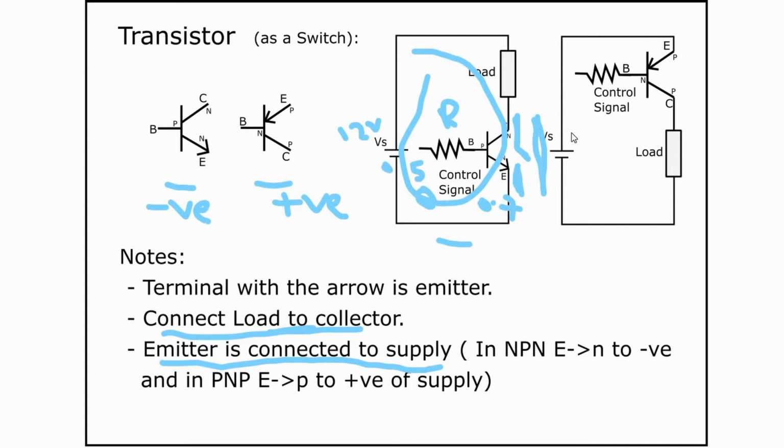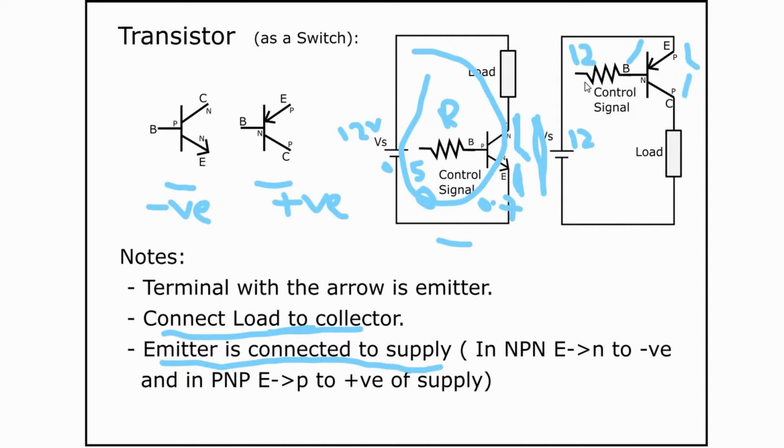Again, let's assume this supply voltage to be 12 volts, and let's assume the base voltage we are giving is 12 volts. So when I give 12 volts here, the emitter-base junction does not get forward biased because the emitter is also at 12 volts and the base is also at 12 volts. So the transistor will work as an open switch.